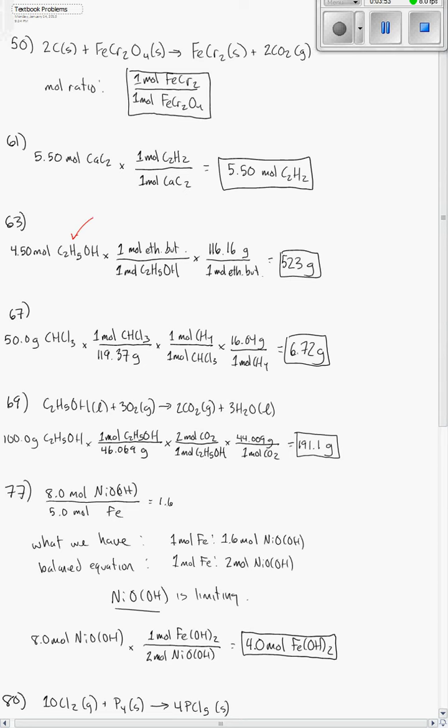You can go from moles of one thing to moles of another using the mole ratio. So in this case, our first step is to get our moles of ethyl butanoate. Once we get our moles of ethyl butanoate, we can use molar mass to go from moles to grams.